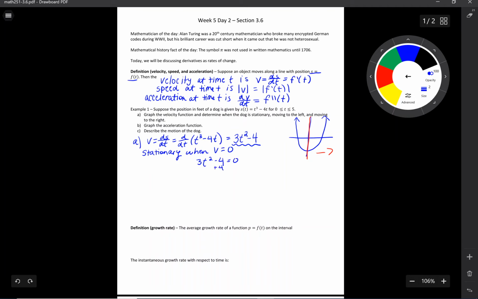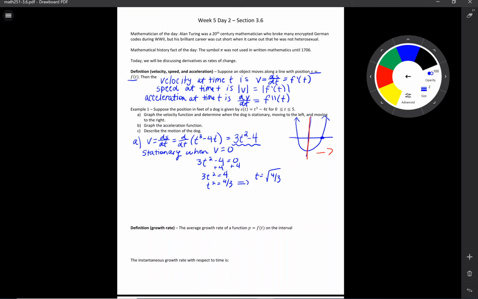If I add 4 to both sides, I get 3t squared equals 4, or t squared equals 4/3. I only care about the positive answer here, so I get t is equal to the square root of 4/3. In terms of our graph of the velocity, that is this point right here.